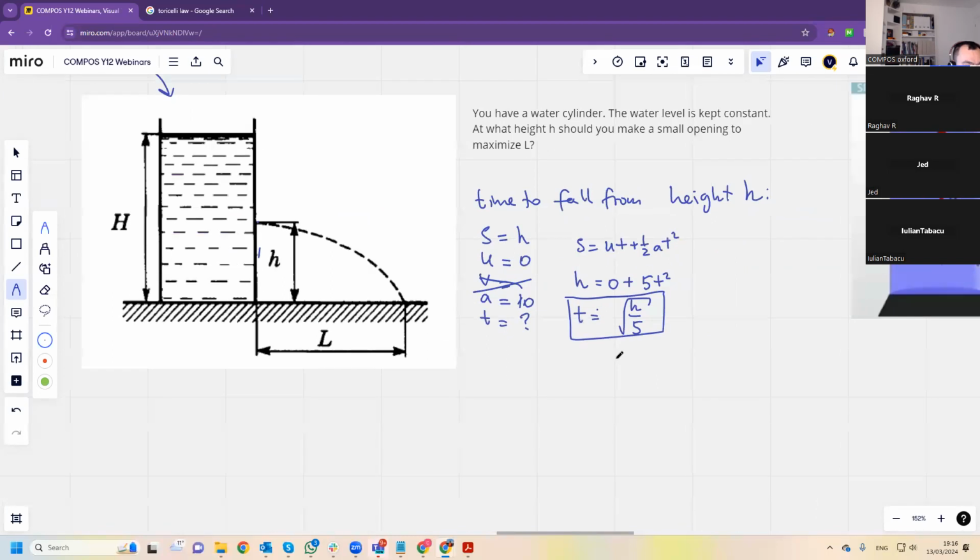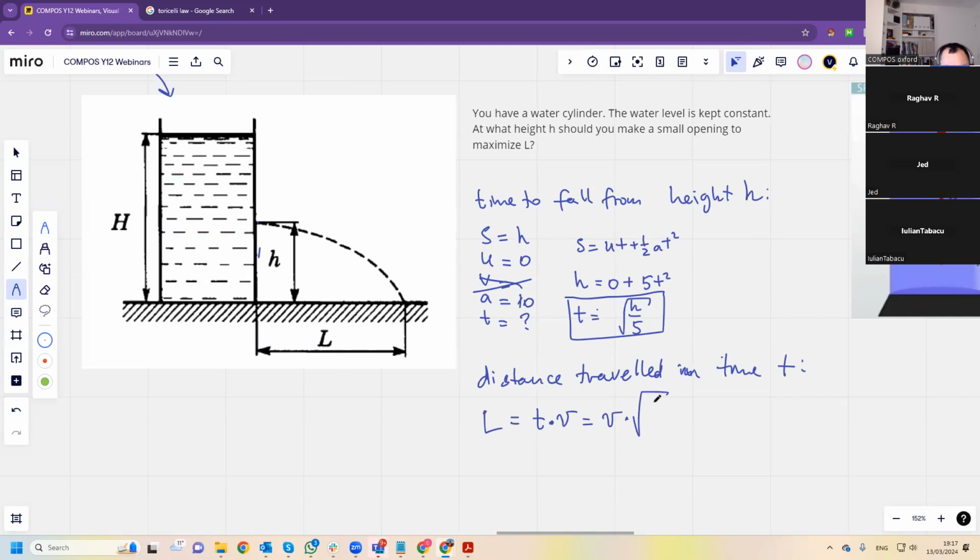Okay. Distance covered. So the distance traveled in time t is L, which is equal to t multiplied by velocity v, which is v multiplied by the square root of h over 5.